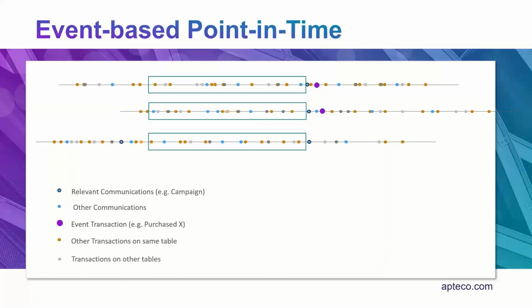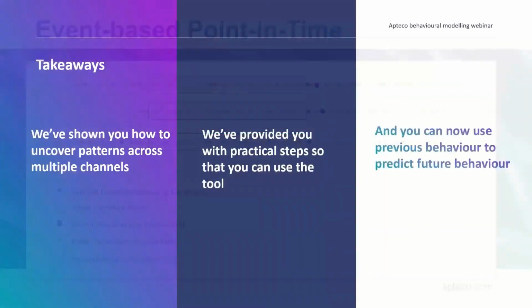Effectively, we will be referring to relative dates within the transaction history. We're also introducing the ability to look at recency. So instead of just looking at the total within 1 year, we can look, for example, at how long it is since your last communication or since your last purchase. And both of those capabilities will be in the Q4 release.